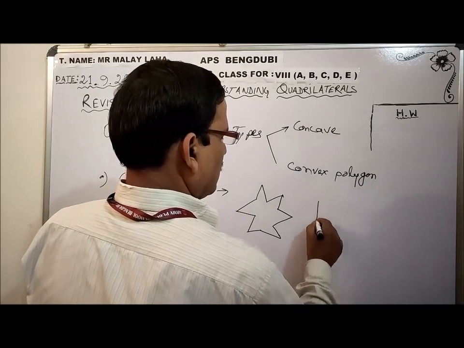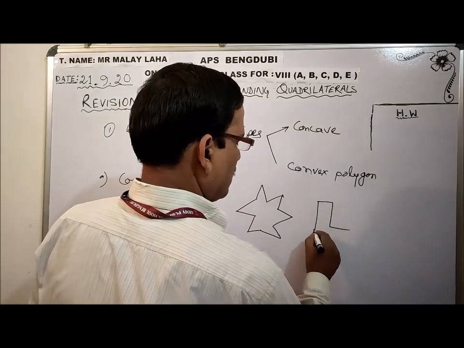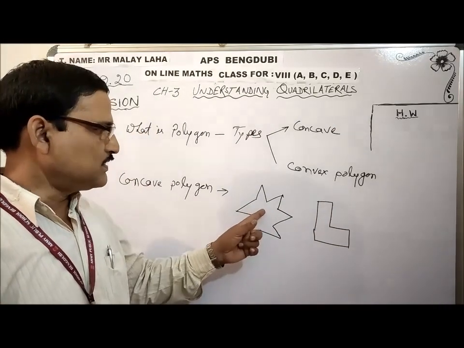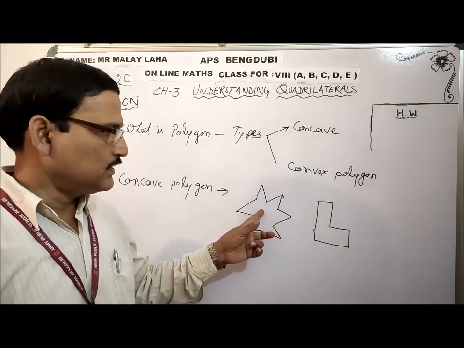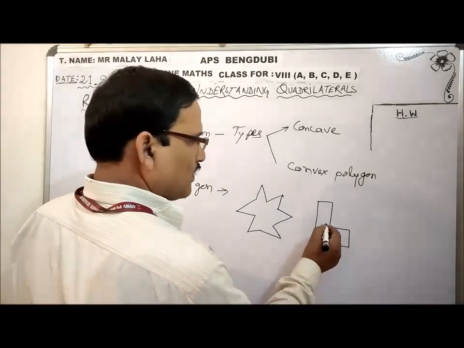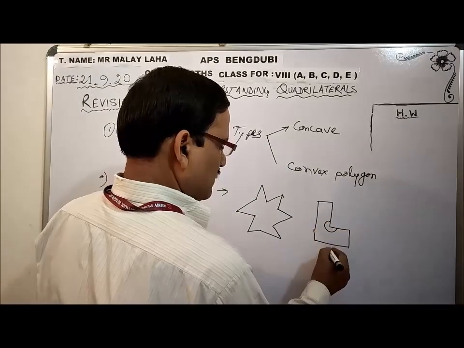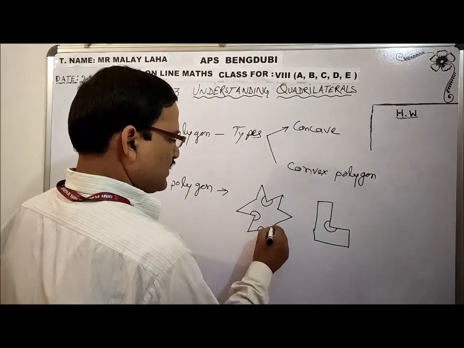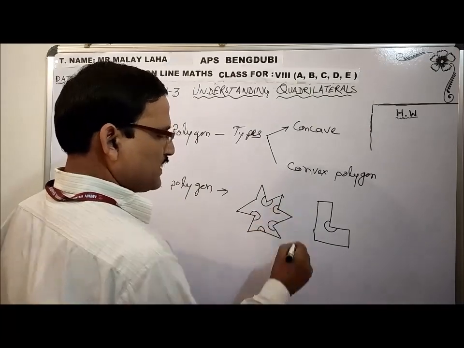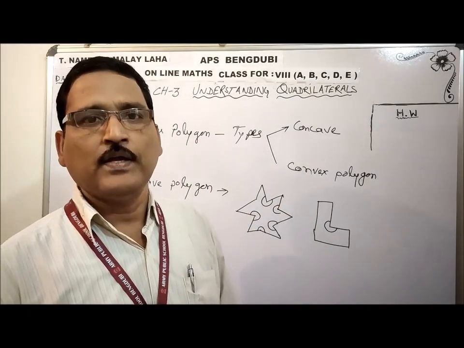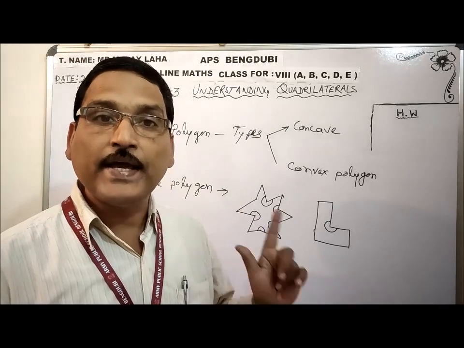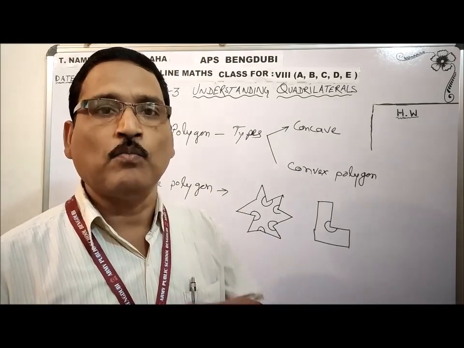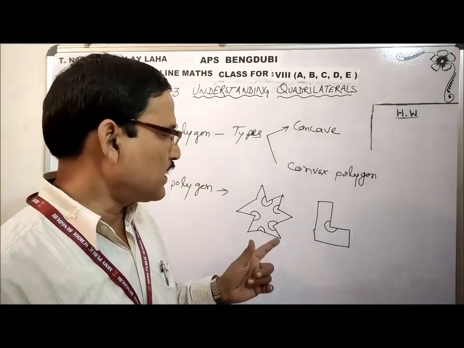Then the shape L. You see, this is a polygon because this is made by line segments. This is a polygon, but you see one or two angles, one or many angles, okay. When the measure of interior angles is more than 180 degree, be careful, when any one or more interior angle is more than 180 degree.